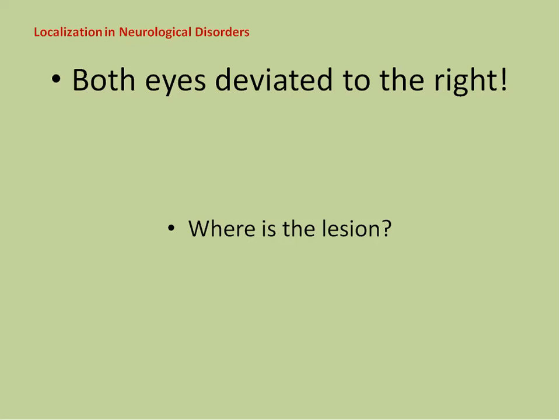I mentioned earlier the difference between gaze preference or neglect, and gaze palsy. Preference means that the patient prefers to look on one side. However, if somehow you can make the patient bring their eyes to the midline, but they prefer to look on one side, this is called preference.